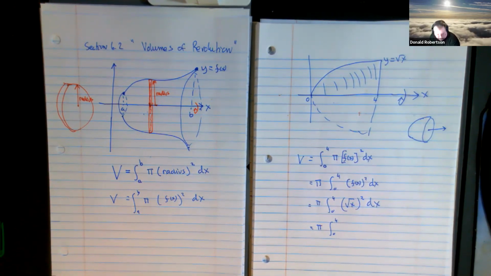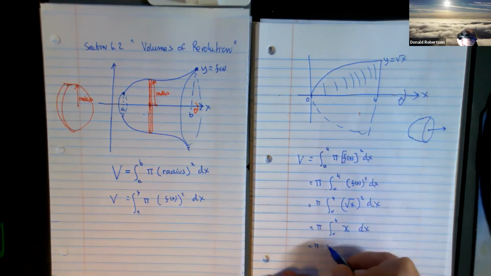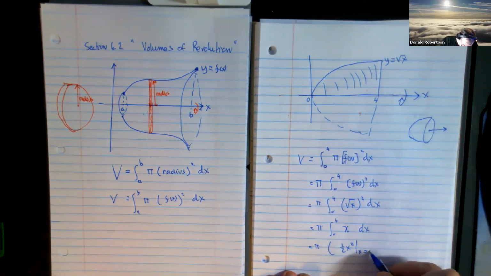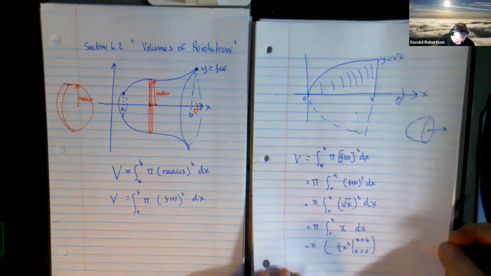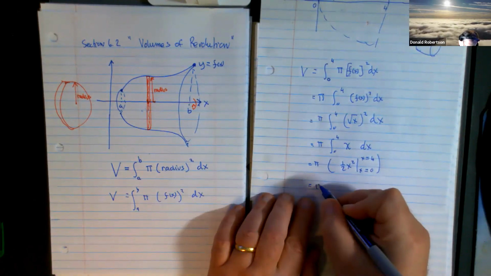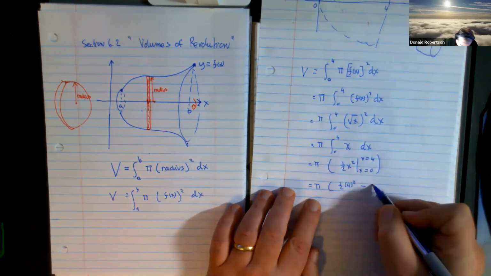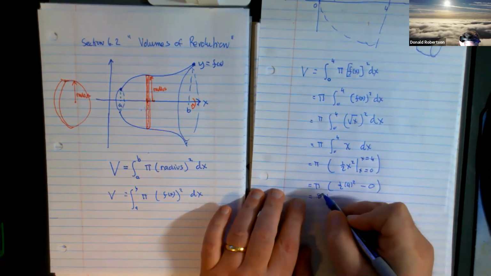If you take the square root of x and square it, don't you just get x? And that becomes 1/2 x squared evaluated at x equals 0 to x equals 4. If you plug in 4, you get 1/2 times 4 squared, take away a whole load of nothings. That's 8, and 8 with the pi gets you the answer 8 pi.